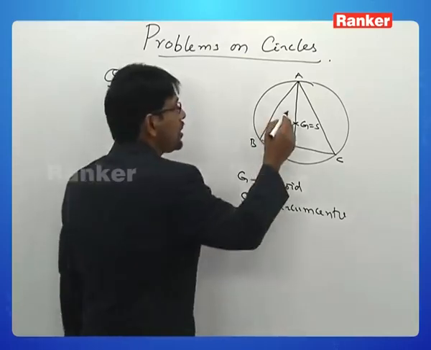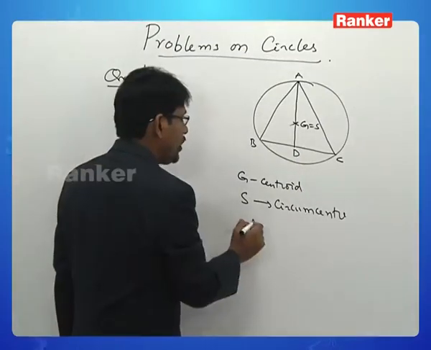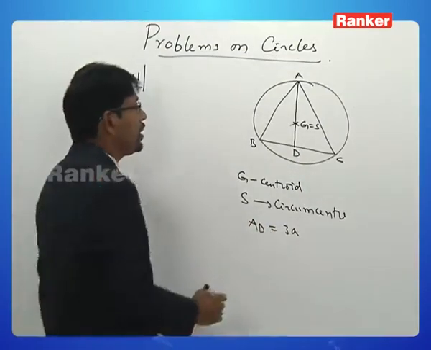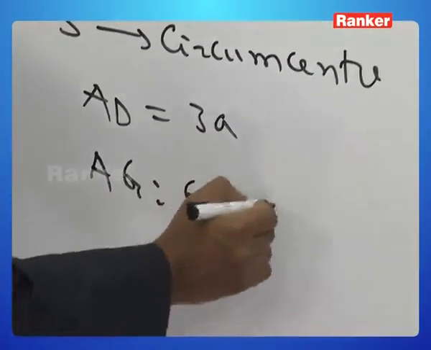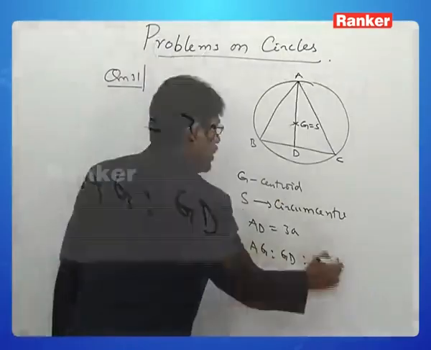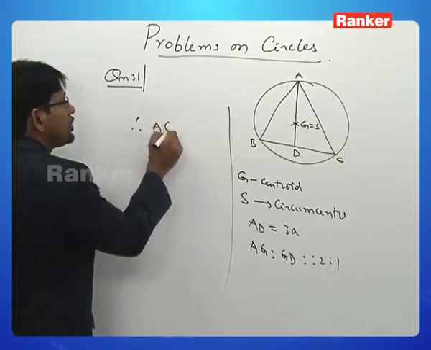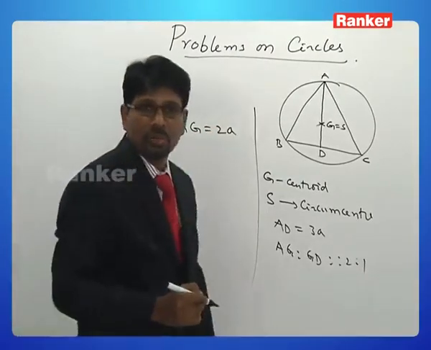So the length of AD is given to be 3a, which means AG to GD is 2:1. Therefore, AG will be equal to 2a.